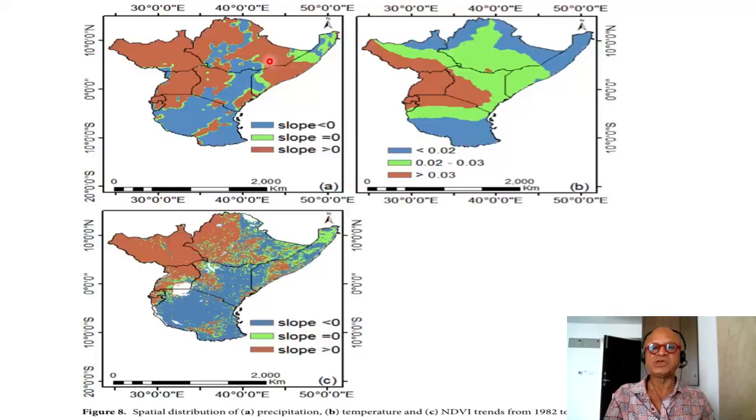Okay, in precipitation, and temperatures again are more uniform. Decorrelation scales are larger than precipitation.